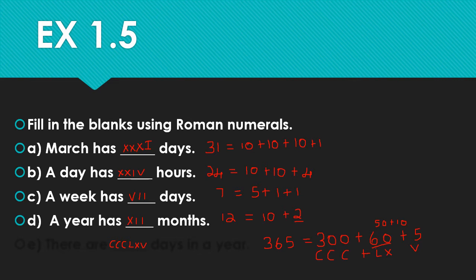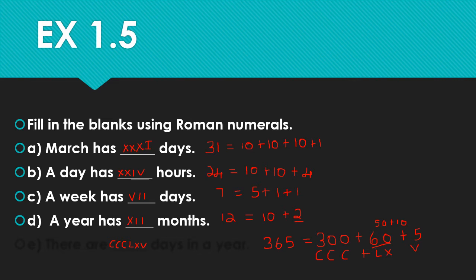Next, a year has dash months. So year has 12 months. Separate the digits as 10 plus 2.